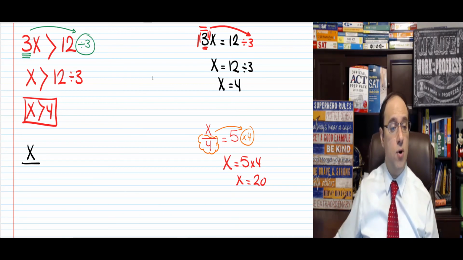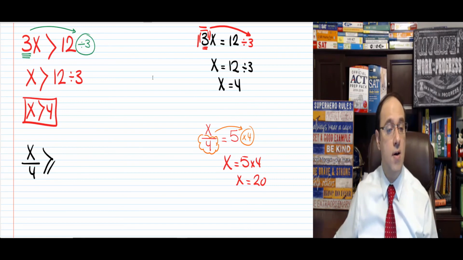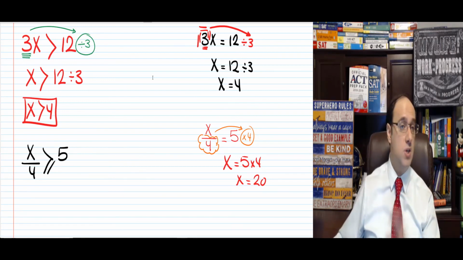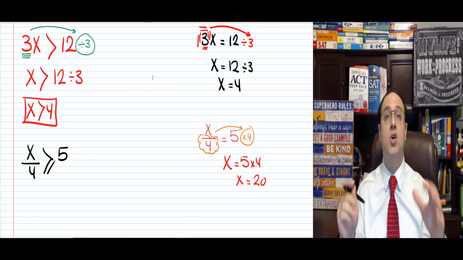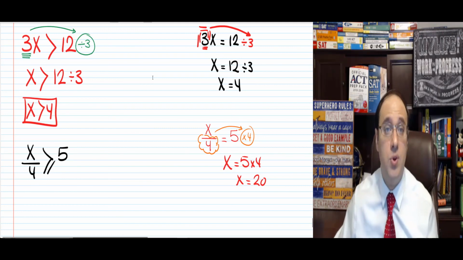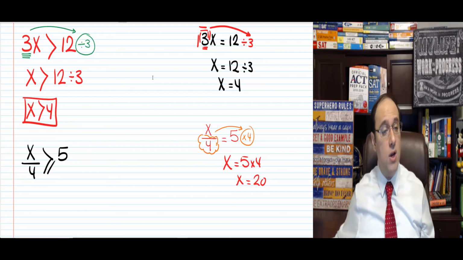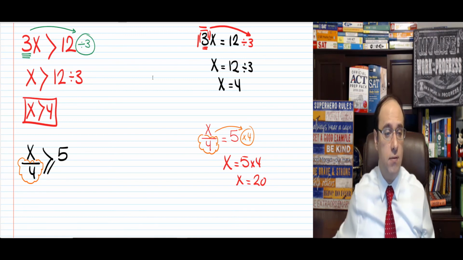Let's do the same thing right here, but with an inequality this time. I have x over 4 is greater than or equal to 5. Okay? Same thing. Inequality. You can use greater than, less than, greater than or equal, less than or equal. Same thing applies. Now I want to get rid of the over 4 because I just want x by itself.